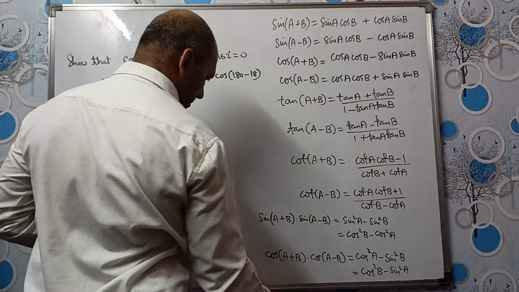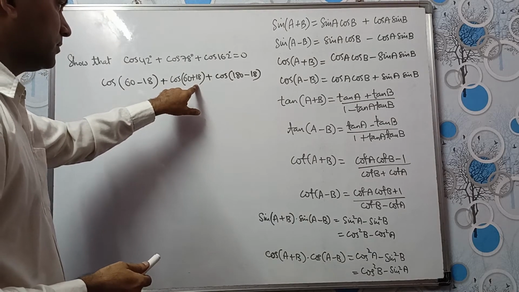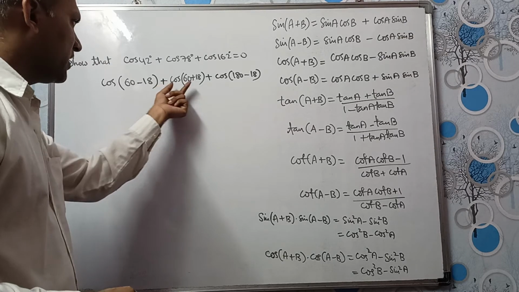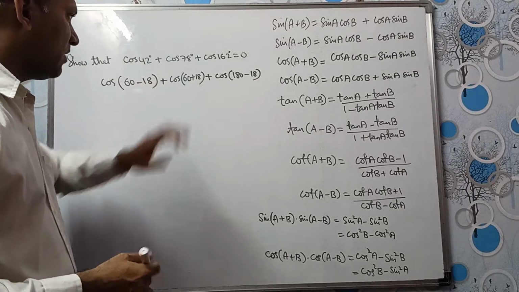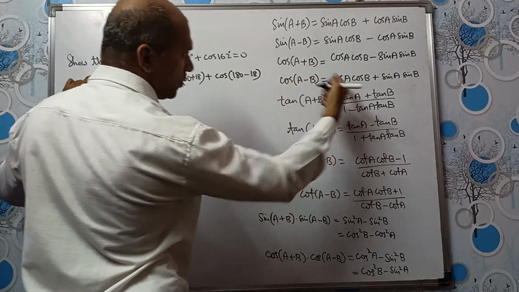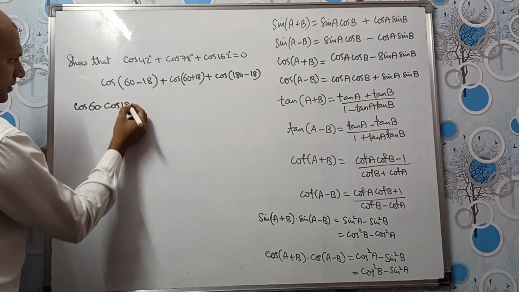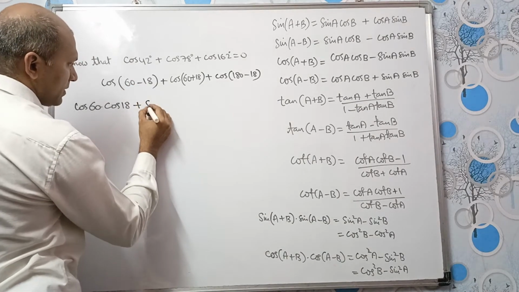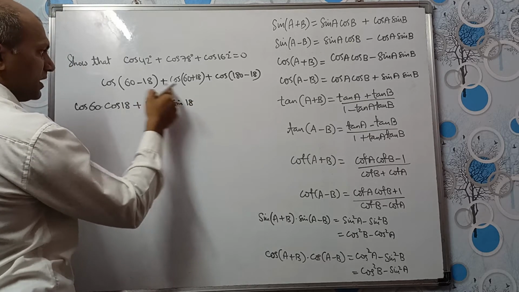Now, see, we have minus 18 here, we have plus 18 here. So if we expand this using the cos(A − B) and cos(A + B) formulas, one term should get cancelled because we have minus and we have plus. Let us expand cos(A − B). The formula is cos A cos B plus sin A sin B. This term is done.